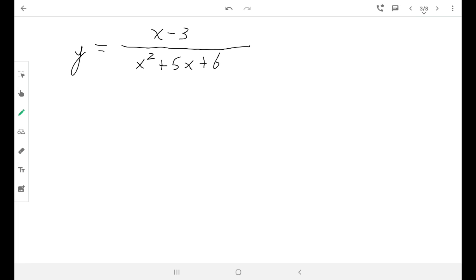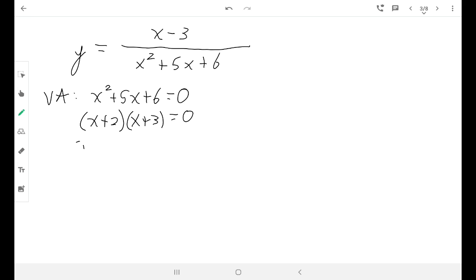I am going to start by getting the vertical asymptotes. And the way I'm going to do that is I'm going to set the bottom equal to 0, and I'm going to solve it. And the reason I wrote this one is because it factors real nice into x plus 2 and x plus 3.